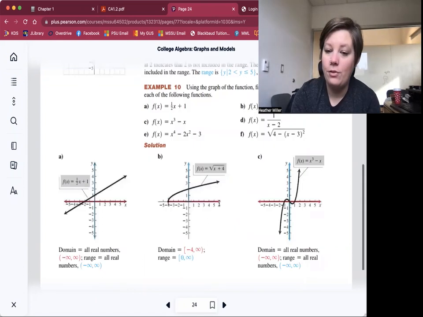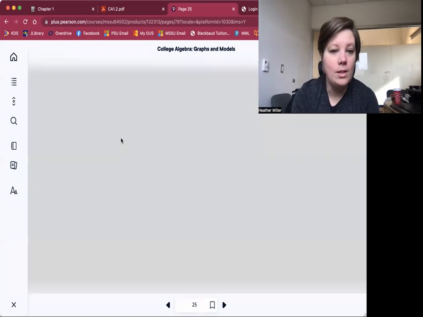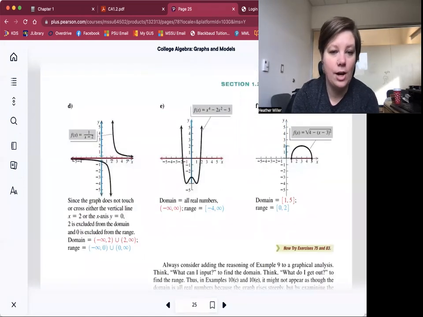So this is where the graph comes into play, because right here is the graph of D. So look what happens. We get really close to that x-axis, and then we shoot off, and then we come back down and we shoot off. But we never actually touch this x-axis, do we? We get really close, but we never touch.